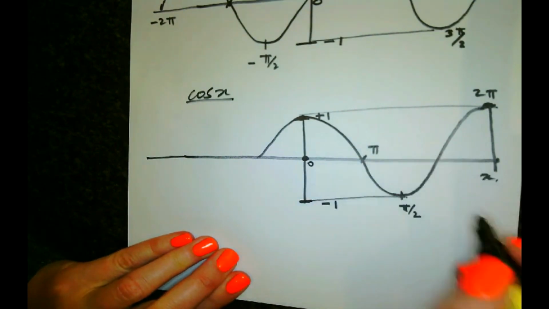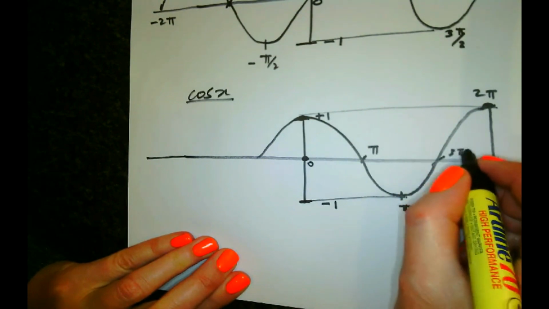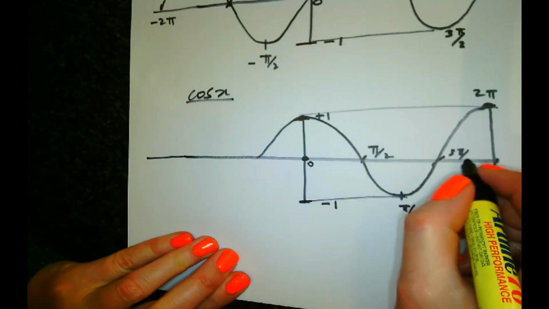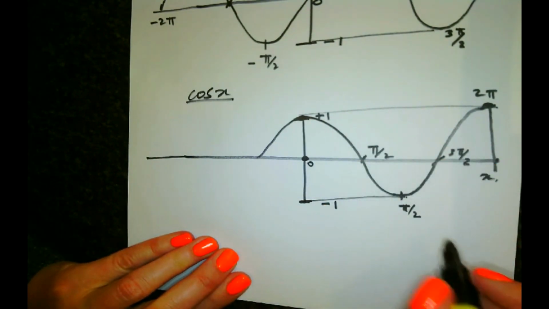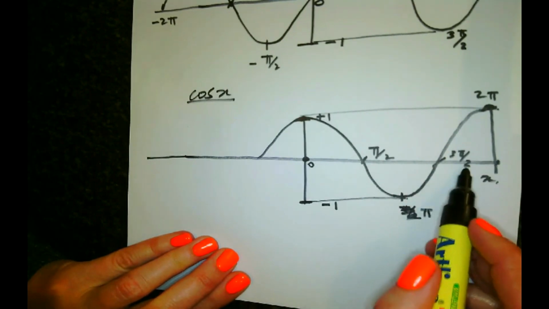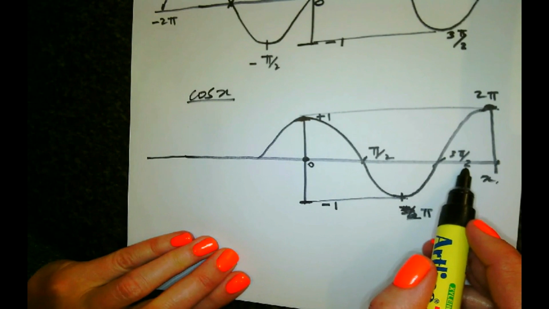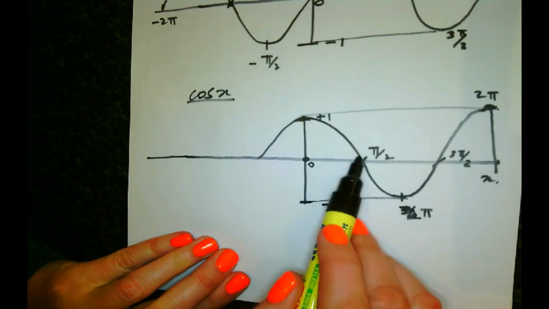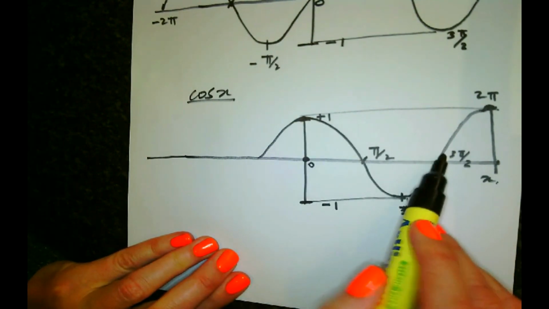At pi over 2 it is 0, and at 3 pi over 2, it is again 0. So 0, pi over 2, pi, 3 pi over 2, 2 pi.